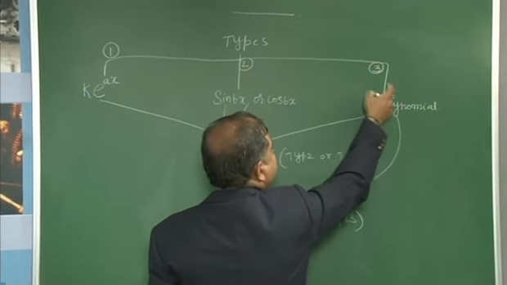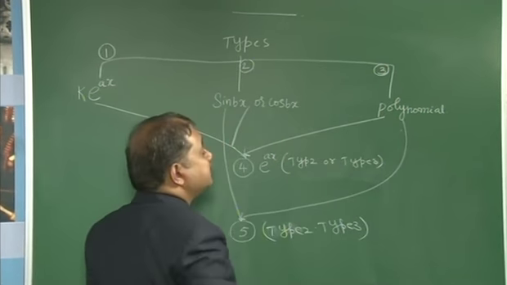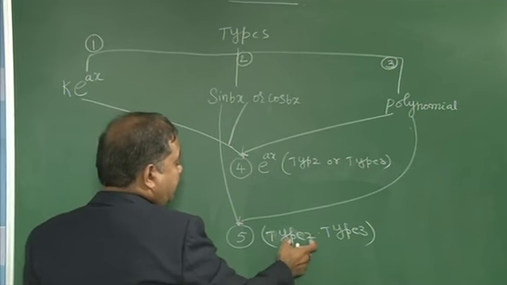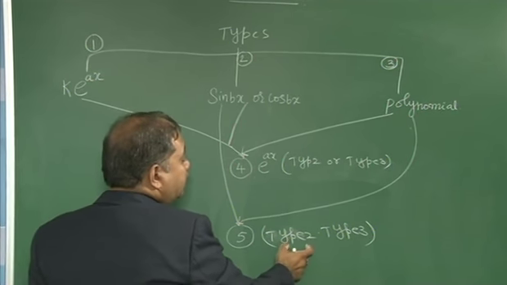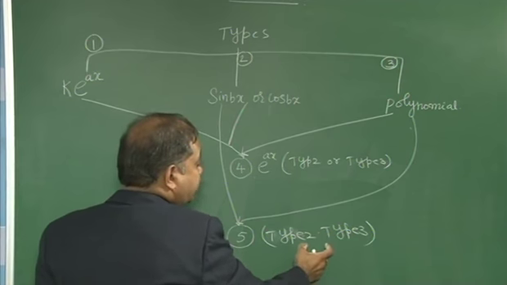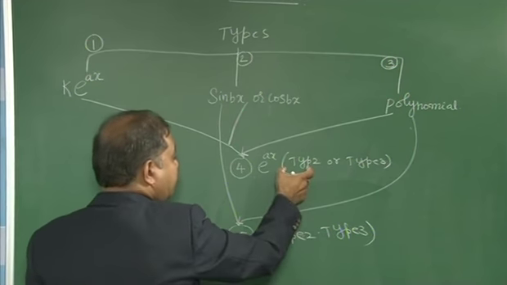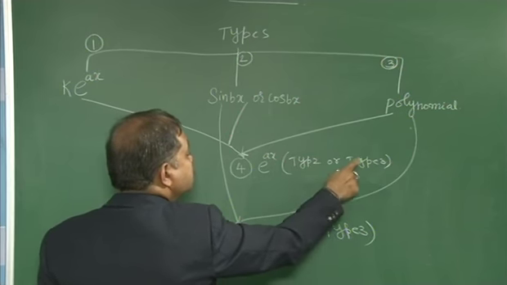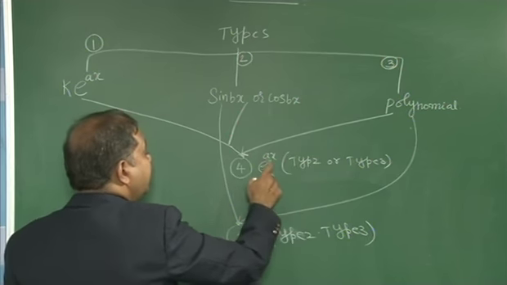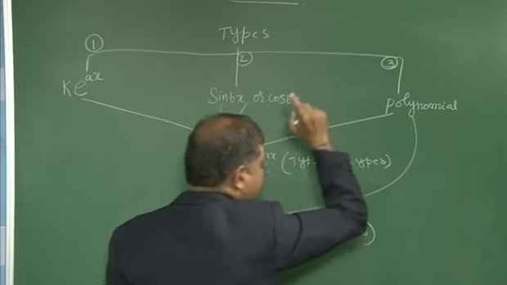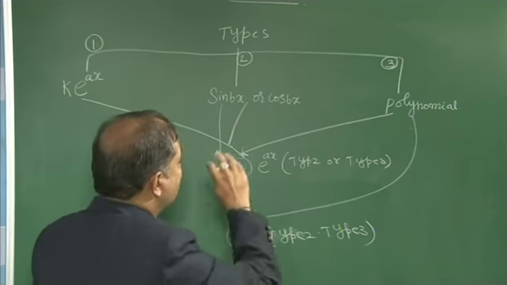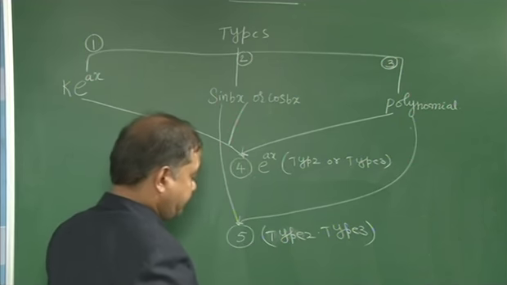By using the type 3 method, I will solve the differential equation. Sine or cos becomes e power i bx into a polynomial, so it goes to type 4, and then it goes to type 3, and then I can solve. So these are the relations, how the types are reduced.